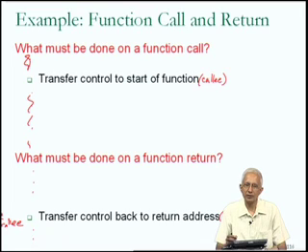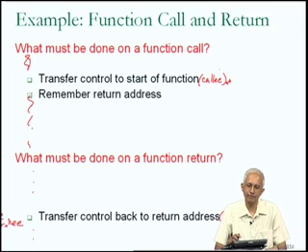So unless at the time of the call we had remembered what the return address was, then at the time of the return it would not be possible to identify the return address. Therefore, going back to the point of call, we now realize that one of the important things that must happen at the point of call is that before we execute too much inside the callee, we have to remember the return address within the caller.